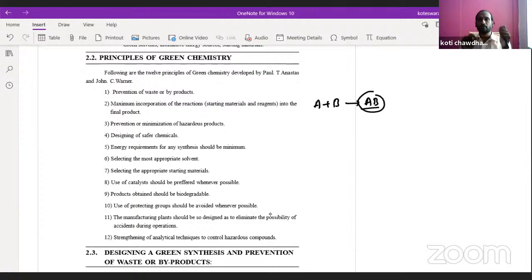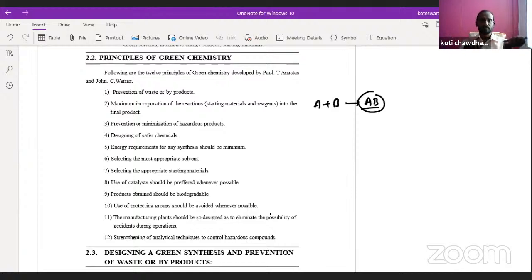Therefore, whenever we plan a synthesis, an environmentally friendly solvent should be preferred. In the worst case, you should use another solvent. Next, the seventh rule is selecting the appropriate starting material. Here, the starting material is also important. Without a proper starting material, we cannot achieve the final product.